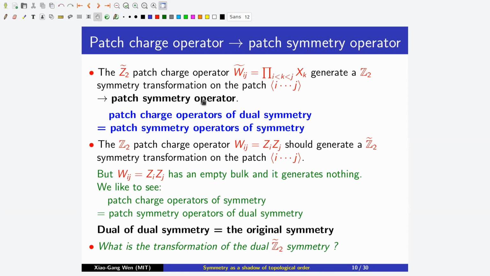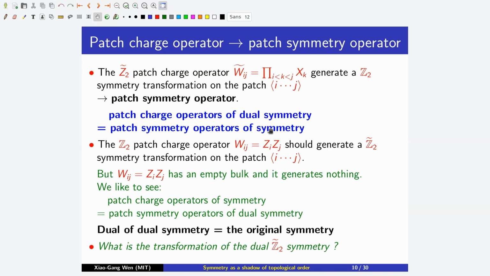From here it just looks like a coincidence, but this may be a general feature. That is, the symmetry and the dual symmetry have such a relation. The patch charge operator for the dual symmetry happens to be the patch symmetry operator for the symmetry, meaning we do the symmetry transformation only on the region, not in the whole space.